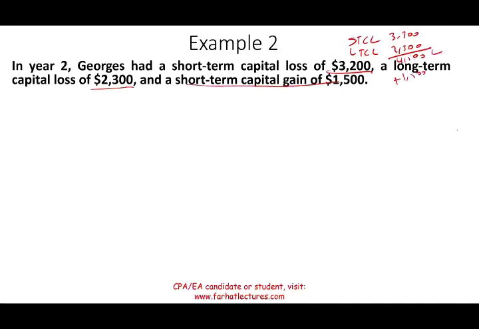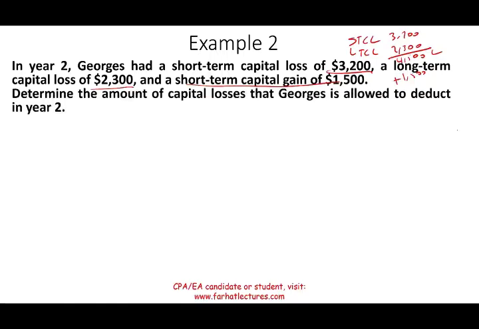So we have losses of $5,500 and gains of $1,500. Determine the amount of capital losses that George is allowed to deduct. Obviously, if we net them out, we have losses and we have gains. They would net out to, actually this is $5,500, not $4,500. $5,500 of losses, $1,500 of gain. We have a net loss of $4,000.